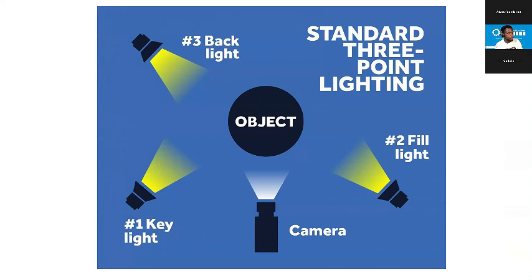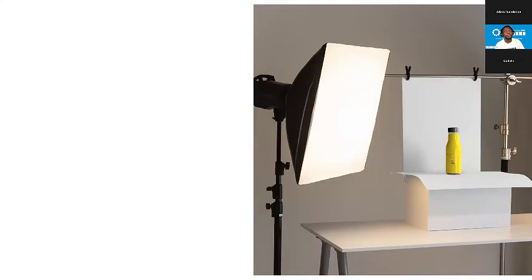Some of us have lights in our power banks. This was the setup that we recreated, just using A4 paper, a product, window light, and just one extra light. So if you have a ring light, you can recreate something like this. From one of the pictures, I saw that someone has a ring light already.